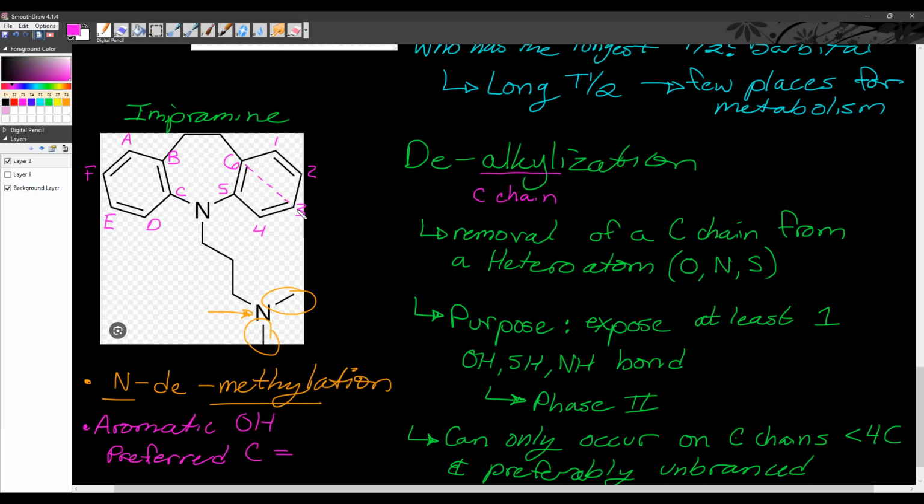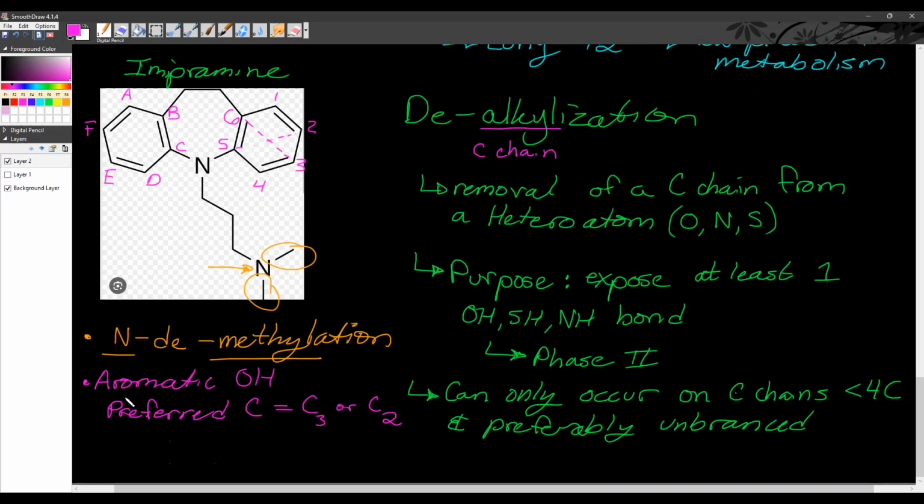Because 3 is ortho to 6, or it could be 2. 3 or 2. What about on the left hand? What would it be for the left hand benzene ring? Exactly, E or F.